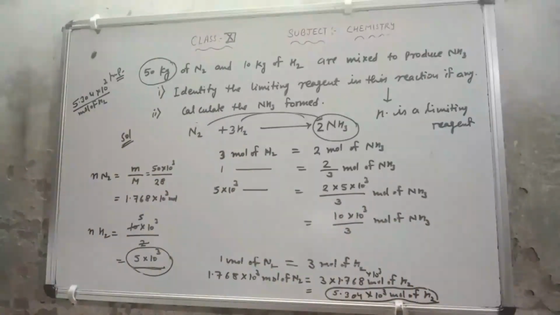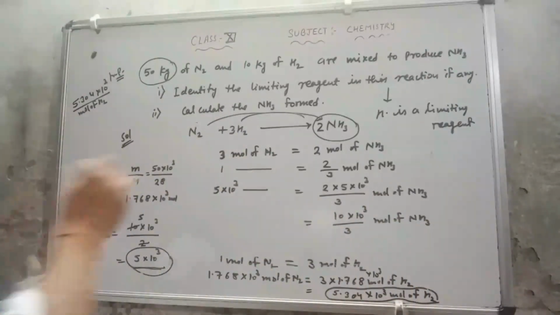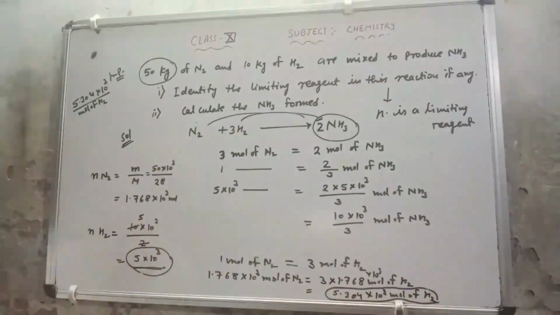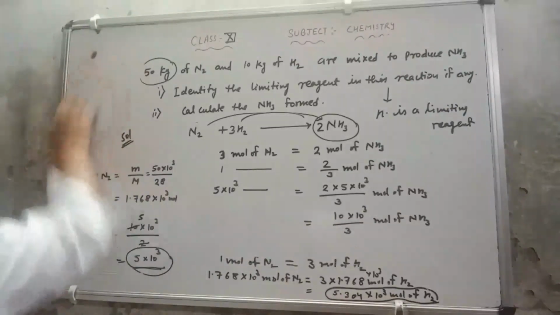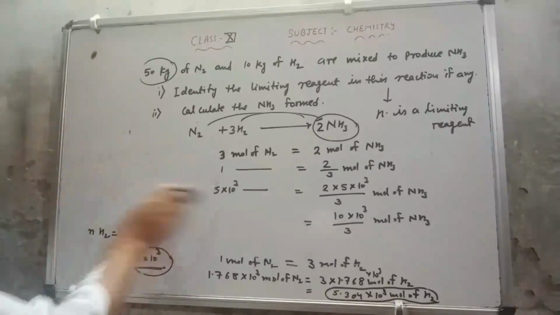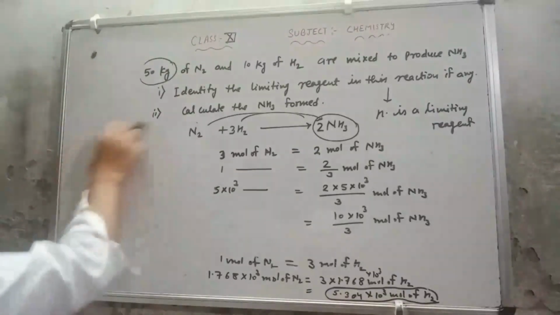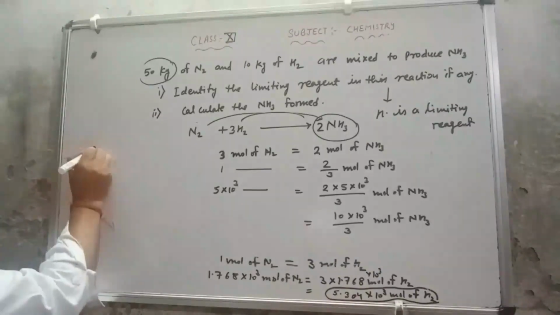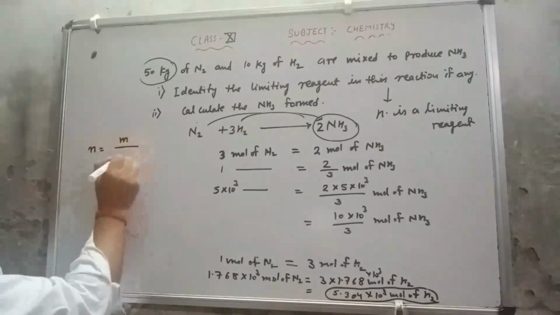Now I want to calculate the ammonia formed, that much of ammonia will form. If I want to convert that much of mole into mass, so very simple. So moles I want to convert into mass. So how can I convert the moles into mass? There is a formula, number of moles equals mass upon molar mass.